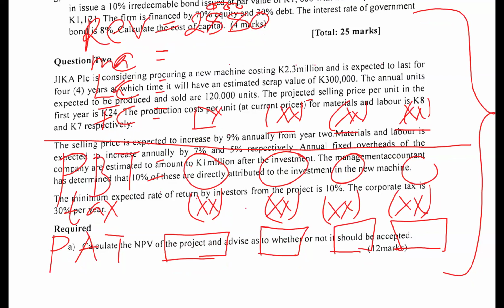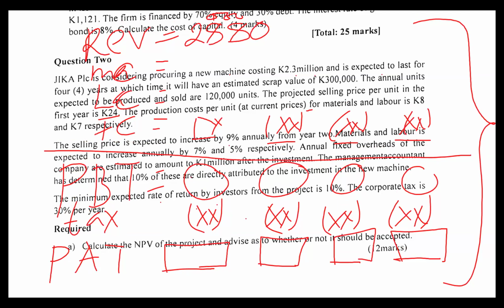Number one, you can grow the price itself, the selling price, by 9%, which is 24 multiplied by 1.09 for the second year. What does it give you?